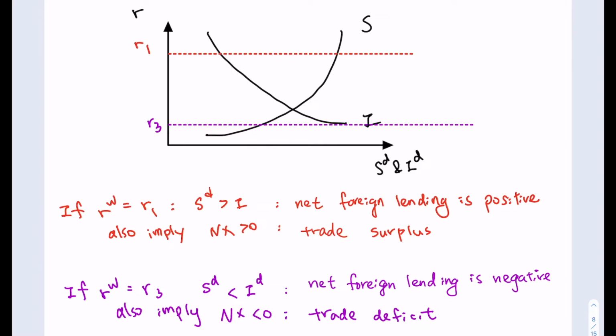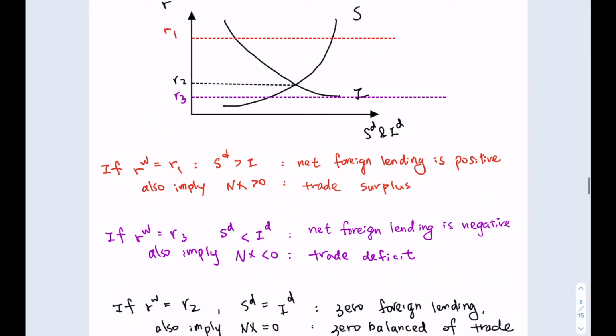Finally, if this economy turns out to have a world real interest rate exactly equal to the domestic equilibrium real interest rate, which is R2, then the domestic saving equals the domestic investment. So it has zero foreign lending, zero net export, and a balanced trade. That's the goods market equilibrium for a small open economy.